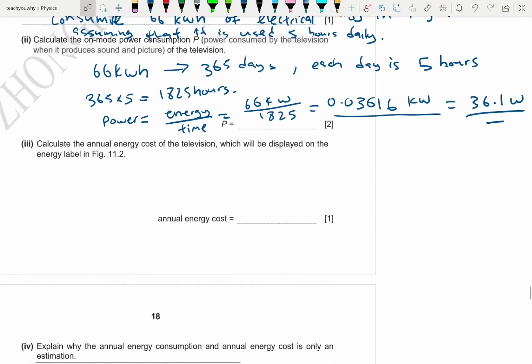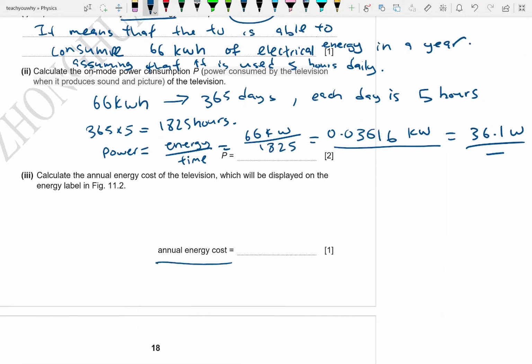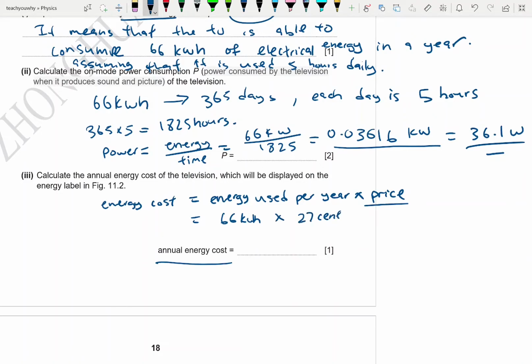Okay, calculate the annual energy cost of the television, which will be displayed on the energy label. Energy cost is equal to energy use per year times price. So in this case, it's 66 kilowatt hours times the price, 27 cents.